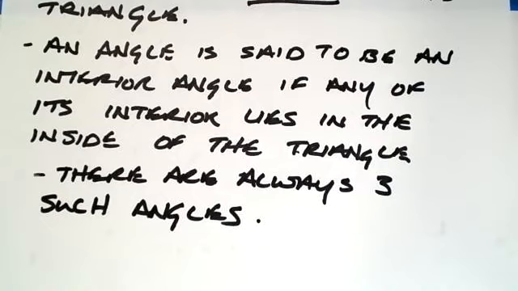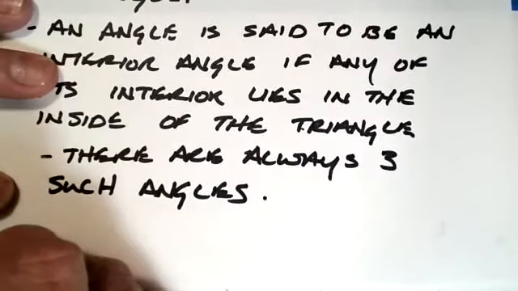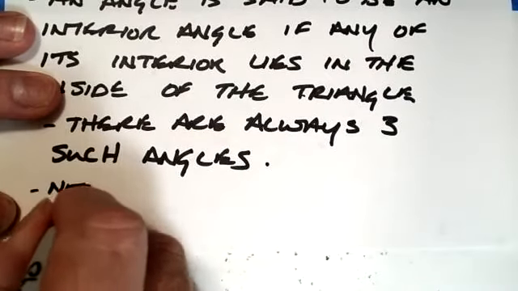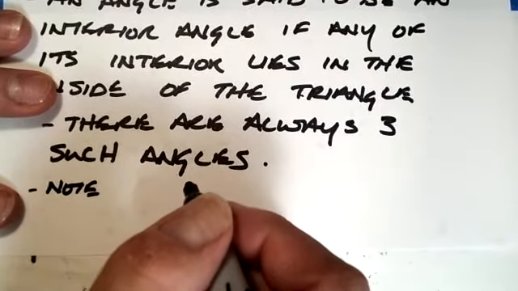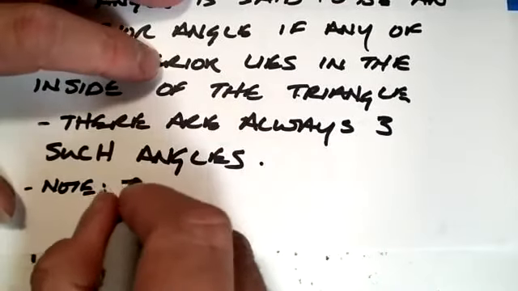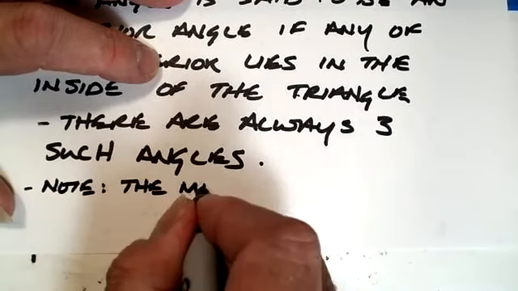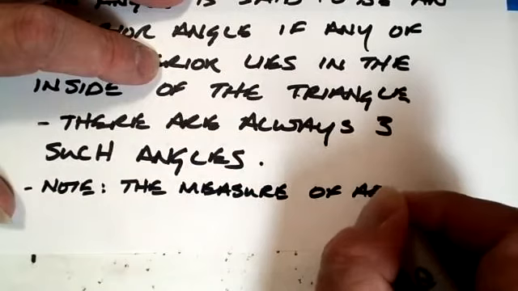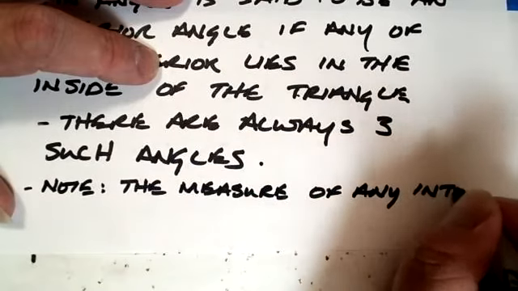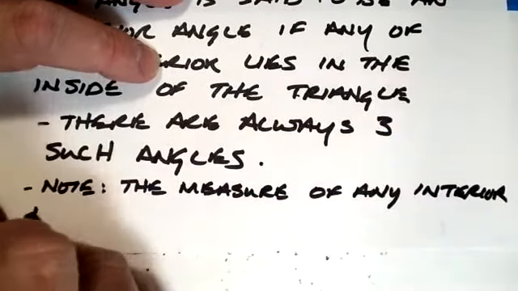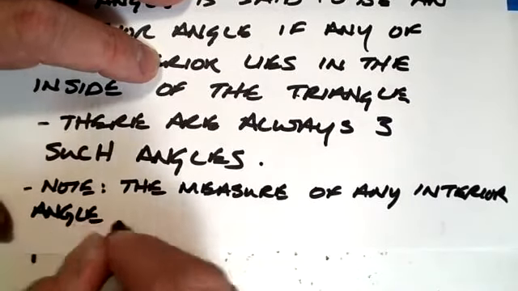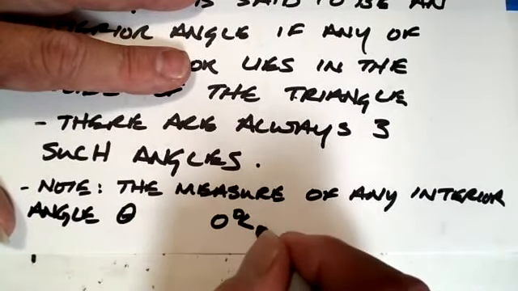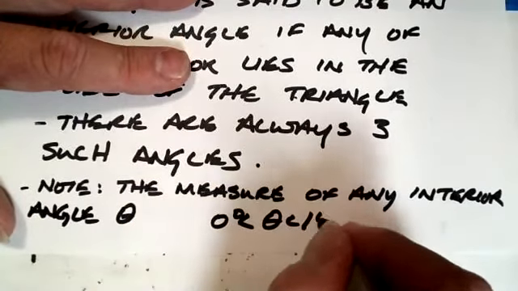So note, and I'll just put a note here, and I think my video is getting a little long, but I want to finish with this idea. Note, the measure of any interior angle, let's call it theta, falls in the range between 0 degrees and 180 degrees.